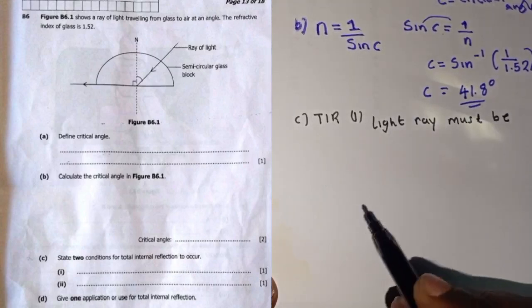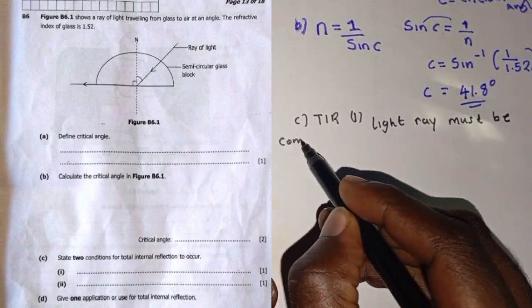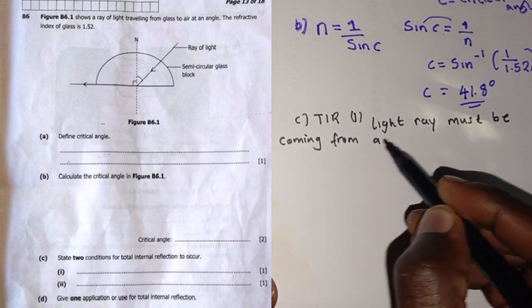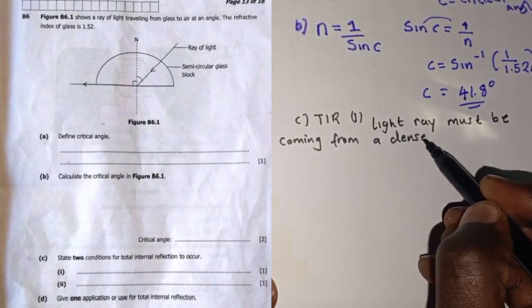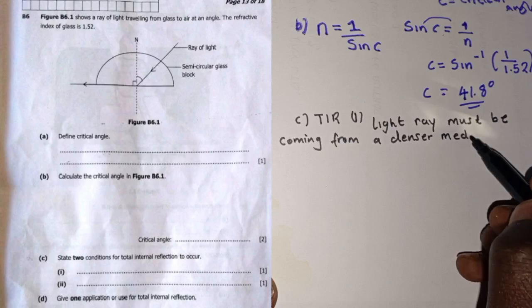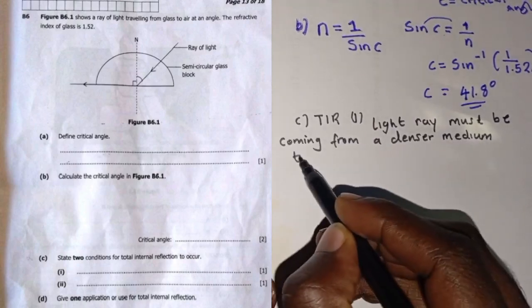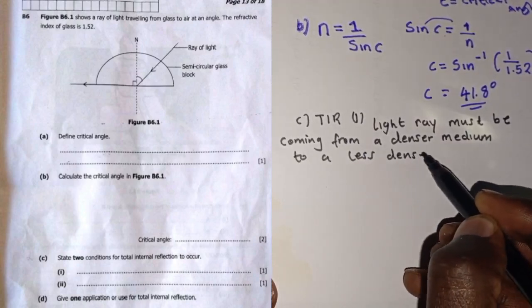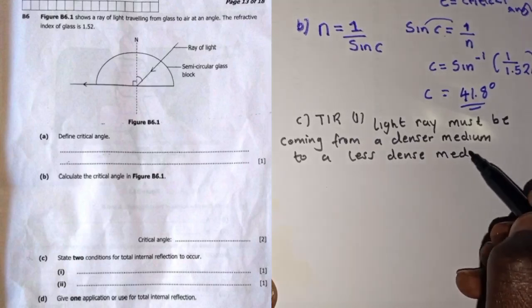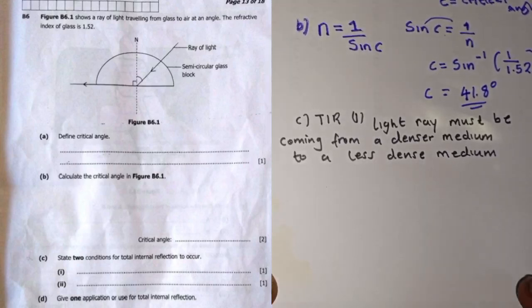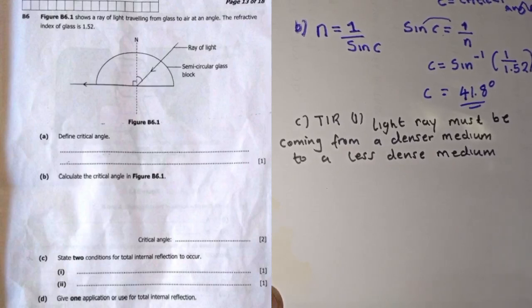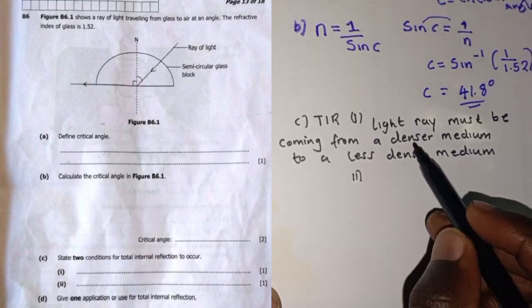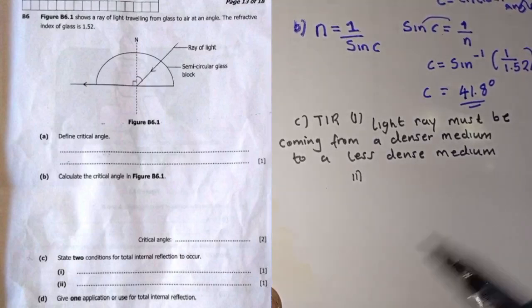The light ray must be coming from a denser medium to a less dense medium. For example, a denser medium is glass, and a less dense medium, for example, is air.